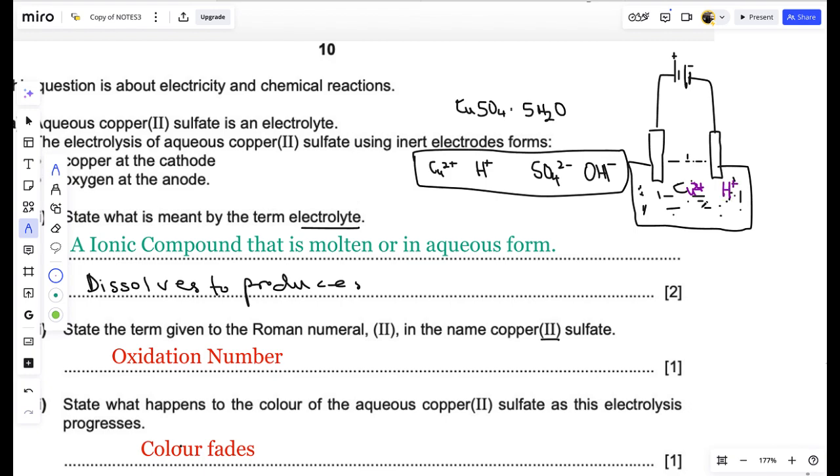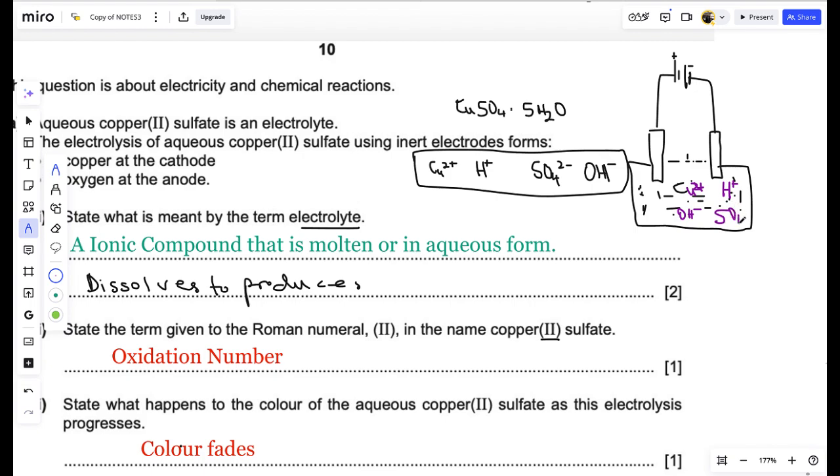We have hydroxide ions, OH-. Because when electricity flows into this, it will dissolve the aqueous copper(II) sulfate into ions. And then we have SO4 ions. Okay, these are the ions that will be present here.